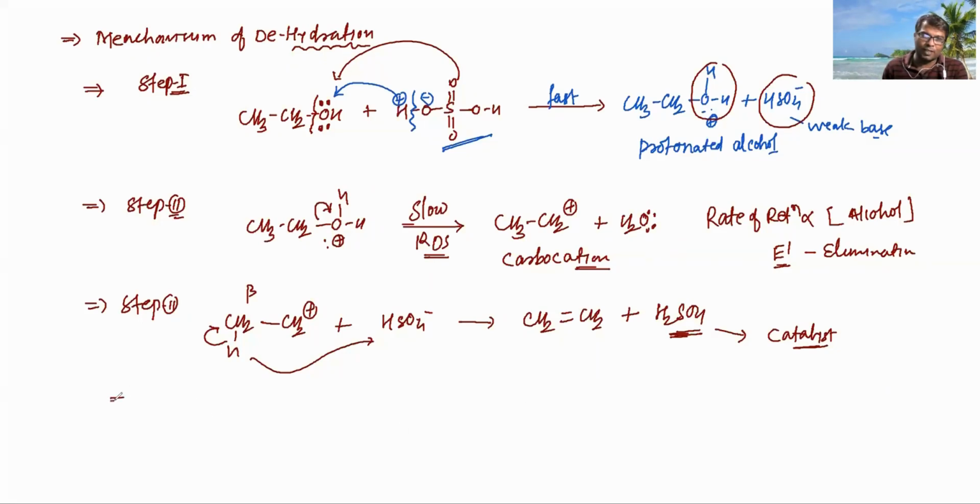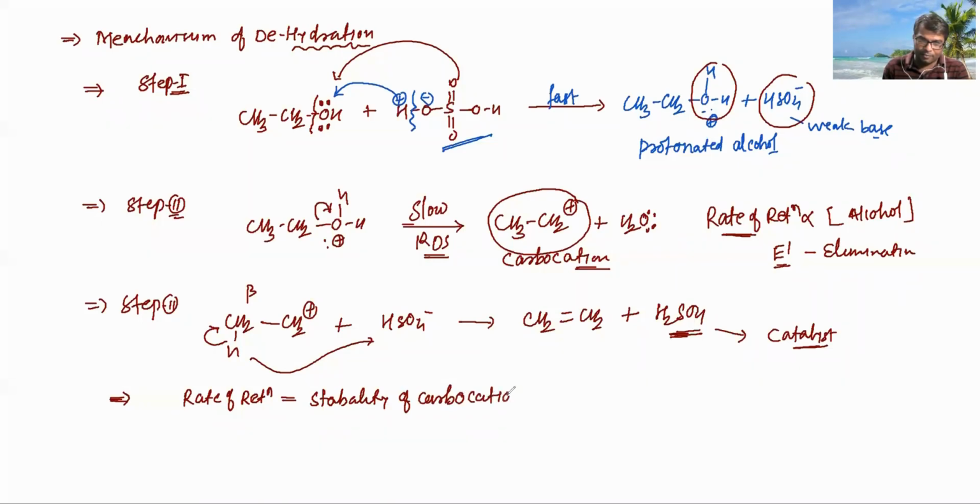Now the information is that carbocation formation is the rate determining step, and that's why the rate of reaction depends upon the stability of the carbocation. The more stable the carbocation, the faster the reaction.